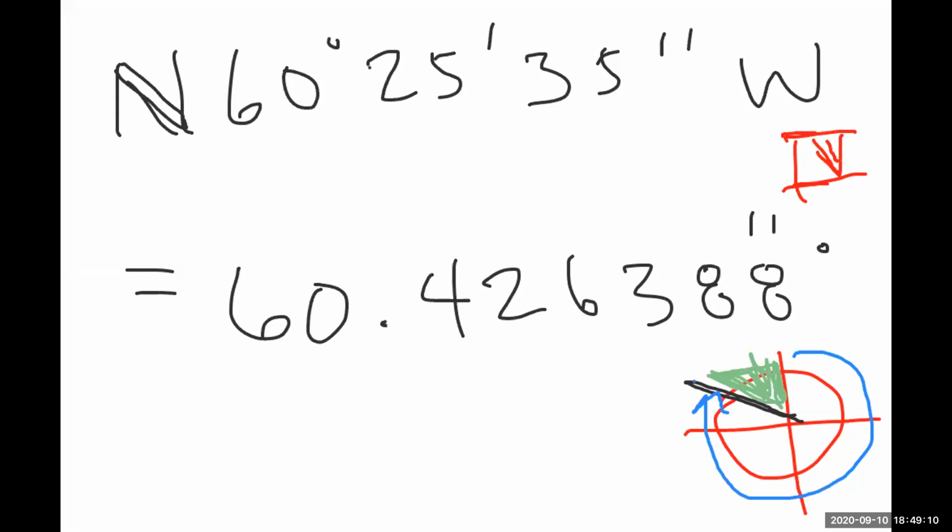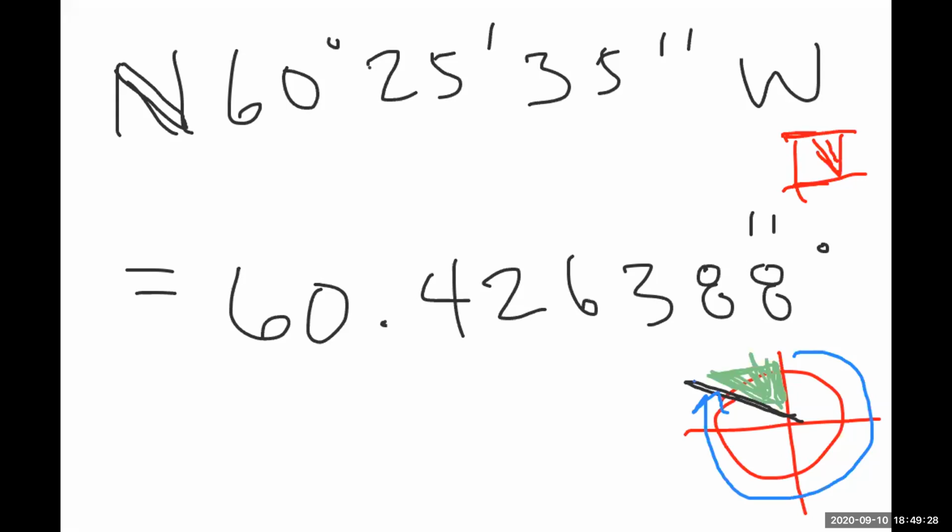So our azimuth has to be 360 minus that angle, because I need to know the blue arrow, not what I've shaded in green. Okay, because it has to be clockwise.